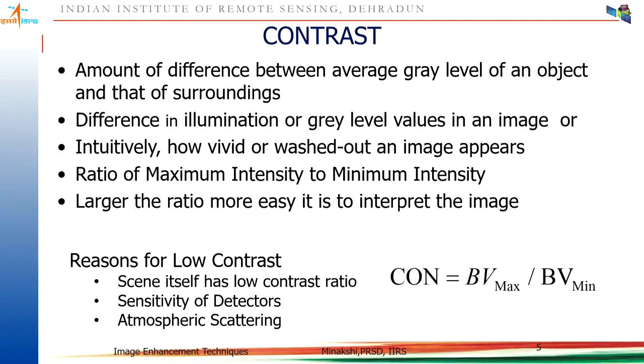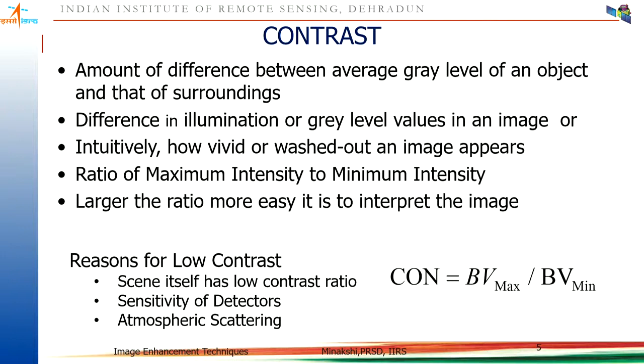Now in that scene, the objects that are making up the scene may have similar reflectances. A scene would have minimum contrast when there is an object which does not reflect any energy, zero, and maximum when there is some other object also which is reflecting total energy.